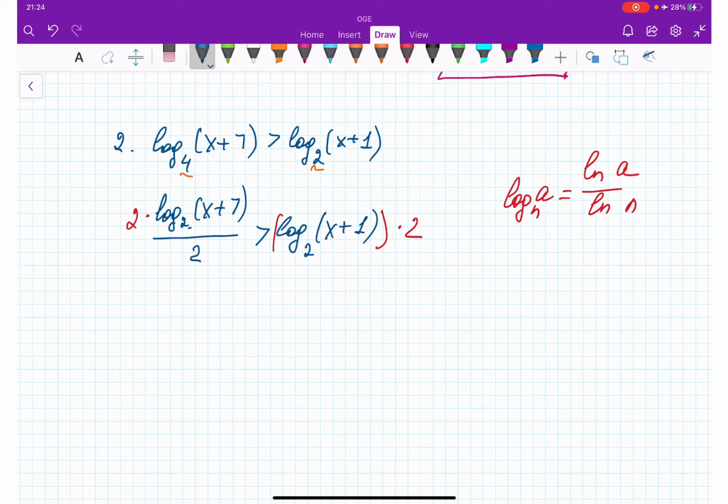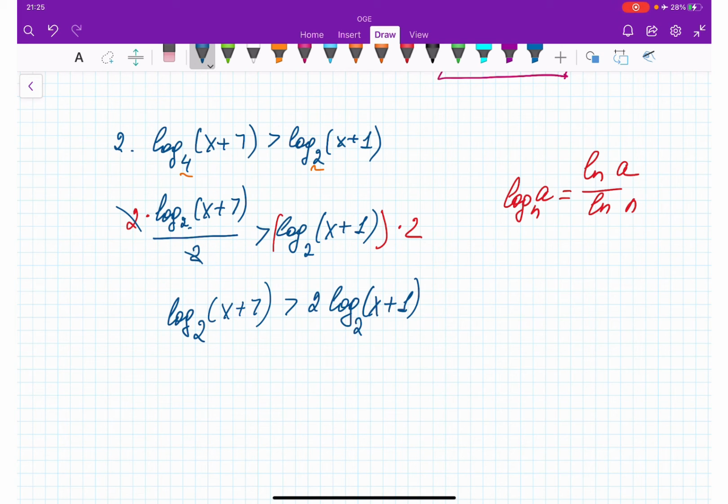And I'm going to get logarithm of x plus 7 by base 2 greater than 2 logarithm of x plus 1 by base 2. Yes?